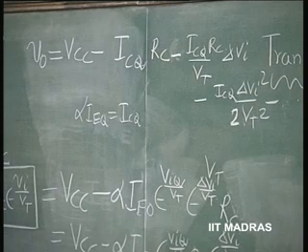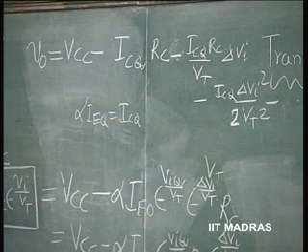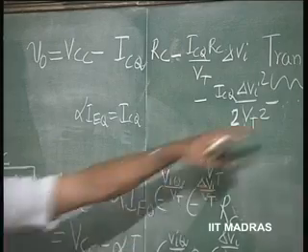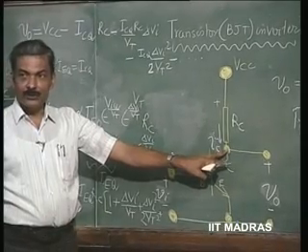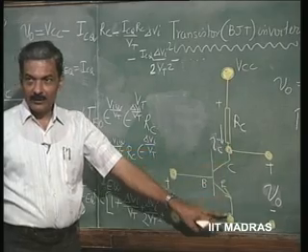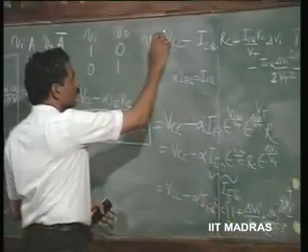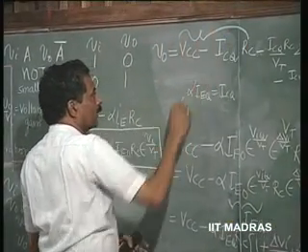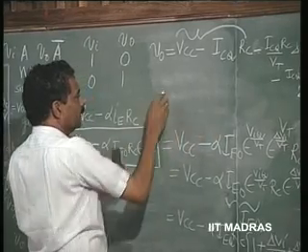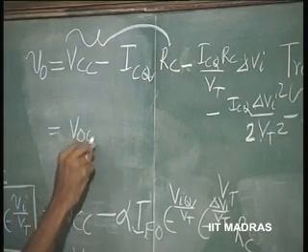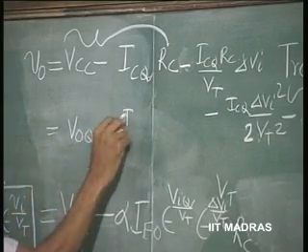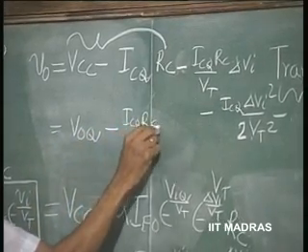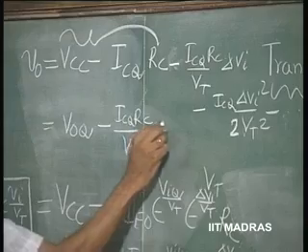So, now you can see here VCC minus ICQ RC, we can call it V naught Q, the quiescent output voltage. So, this whole thing is going to be represented as V naught Q, the quiescent output voltage, minus ICQ RC divided by VT times delta VI.